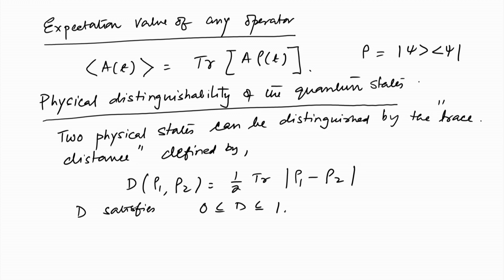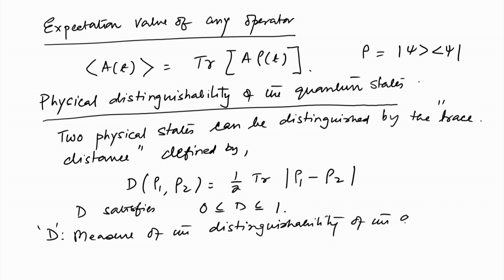So, basically it is a measure of the distinguishability of the quantum states, as I already said. Rho 1 and rho 2 are the density matrices for those quantum states, so one has to take the trace of rho 1 minus rho 2 and multiply it by half.